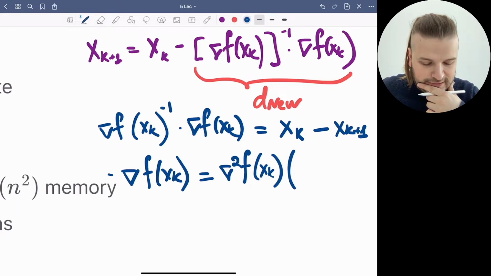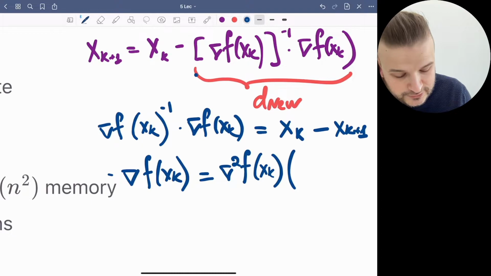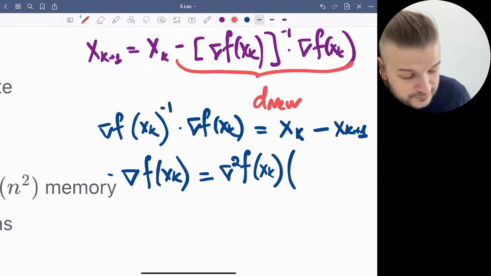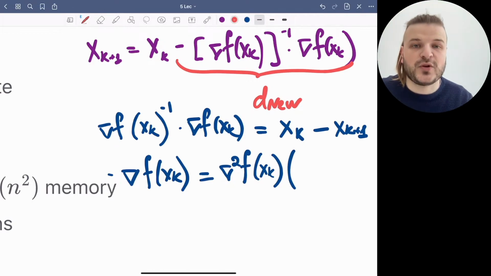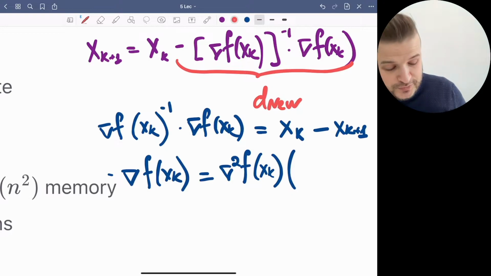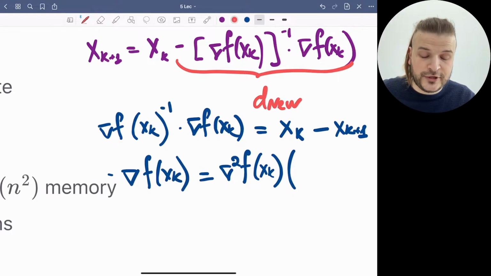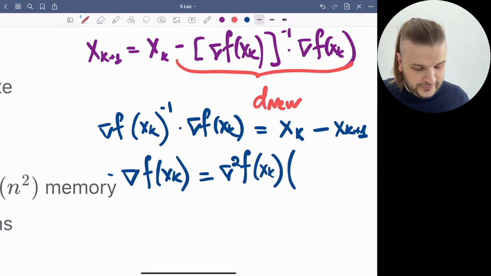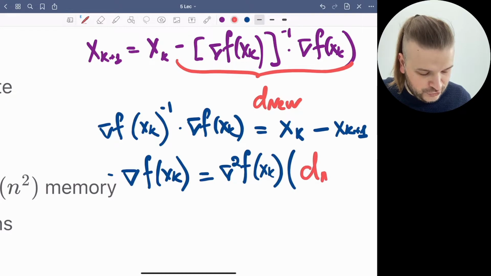Let me verify it. Sorry, let me take a wider bracket here. So minus Hessian multiplied by gradient will be the Newton direction, which means that this Newton direction is nothing else but the difference of the k plus 1 and k points here.